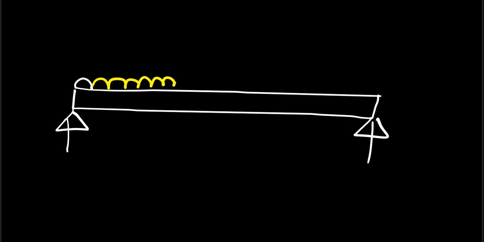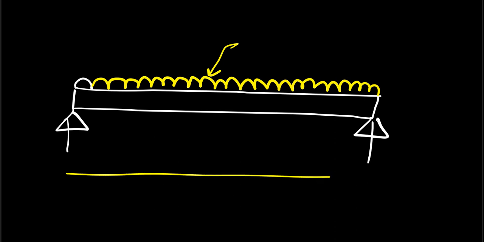It may be acting over this entire span, having some quantity. So the load is applied, and in this case again, if you make this into a uniform discretized element, here there will be node 1, here there will be node 2. That's the general method. But in FEM, you have to divide into more finite elements.